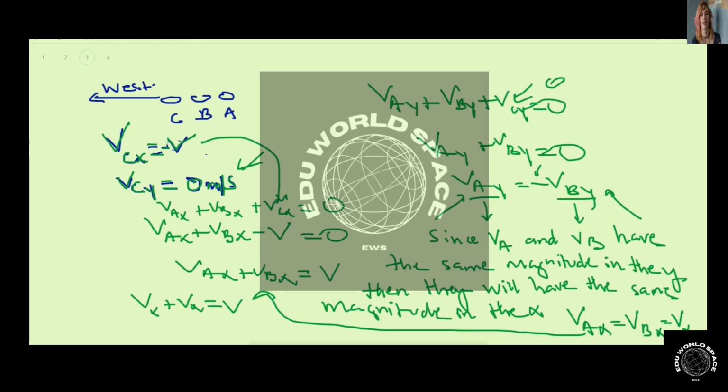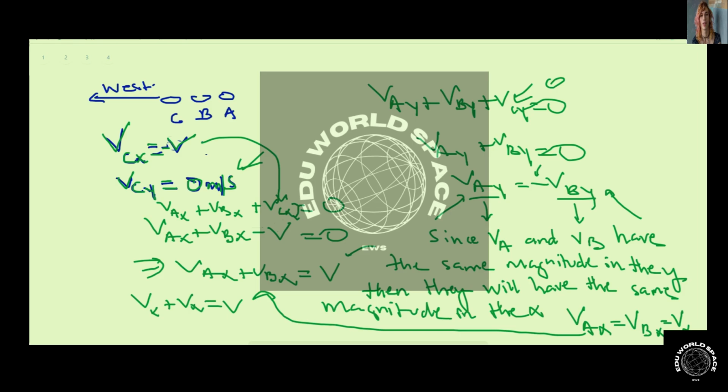And so for pack C, it was only moving westward, so the velocity in the y was 0, but in the x it was negative v. So we came up with a new equation, simplifying, making the previous i hat expression equal to v, because we replaced Vx by negative v.